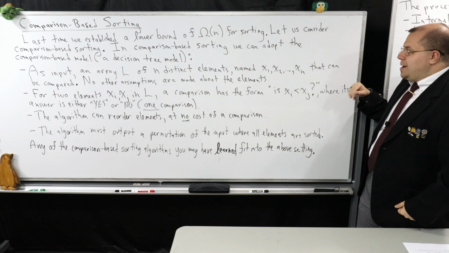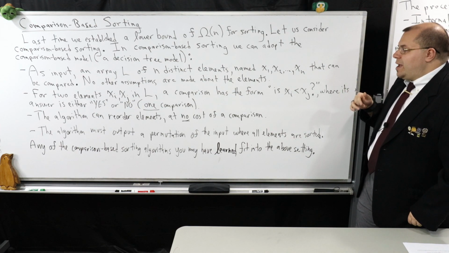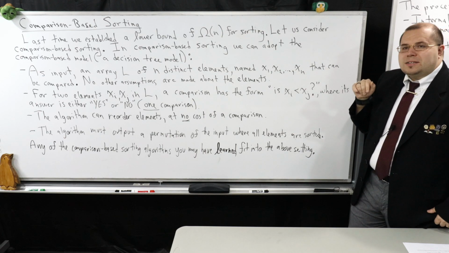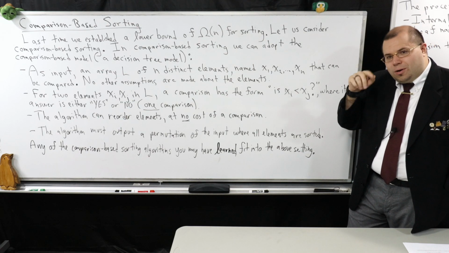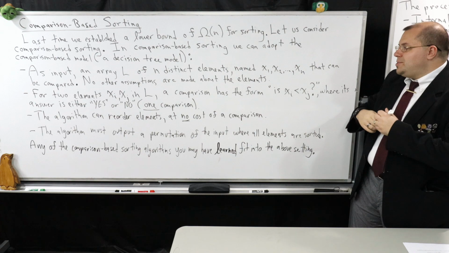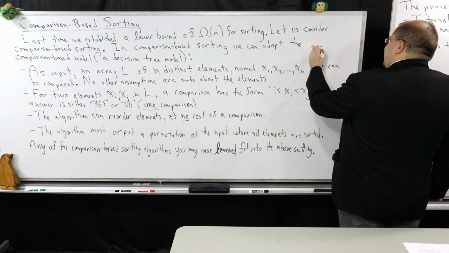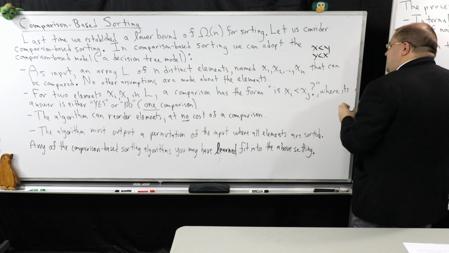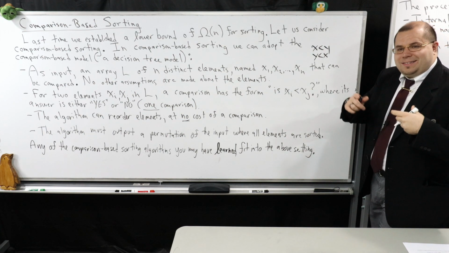So here's what I'm going to do. I'm going to assume I'm given an array of n distinct elements. It's worth noting that I don't need the distinct part. The arguments I use will generalize so I can have inequalities like less than or equals. But I'm just going to assume that the elements can be listed so that x is less than y or y is less than x, which makes it easier for me to say this one is less than that one.